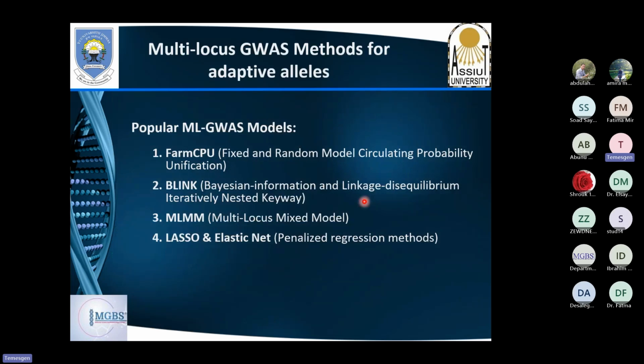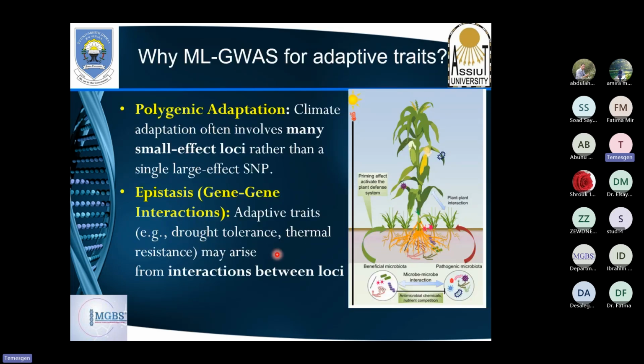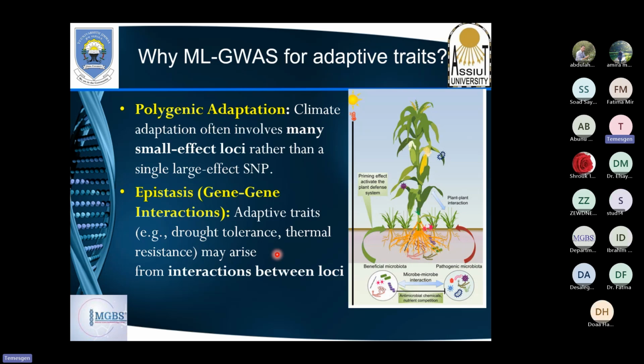To do multi-locus GWAS, there are a lot of popular models. The most common are FarmCPU, BLINK, MLMM, and Lasso and ElasticNet, and others. We'll see some of those models. So why are we moving from single locus to multi-locus GWAS for adaptive traits? As I mentioned, one of the big challenges in adaptive traits is polygenic adaptation.